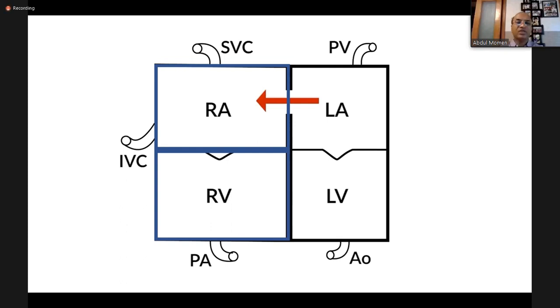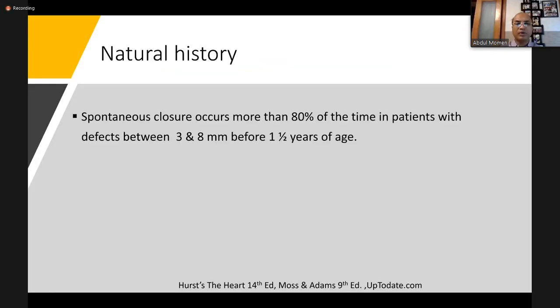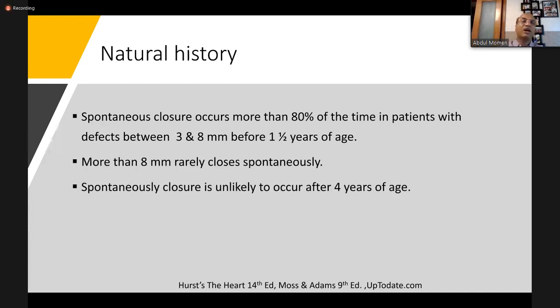The natural history of ASD: spontaneous closure occurs more than 80% of the time in patients with defect between 3 to 8 millimeters before 1.5 years of age. If it is less than 8 millimeters, it may close spontaneously before 1.5 years of age. More than 8 millimeters rarely closes spontaneously. Spontaneous closure is unlikely to occur after 4 years.